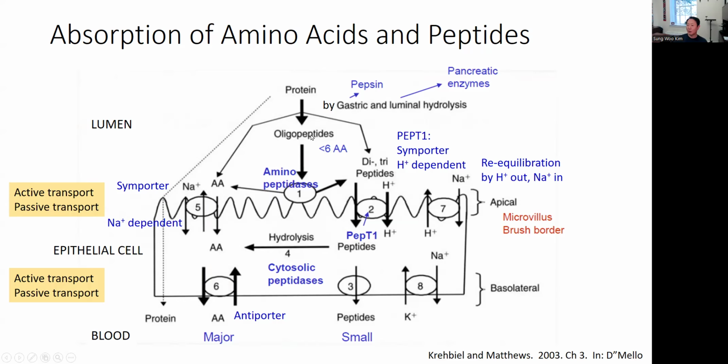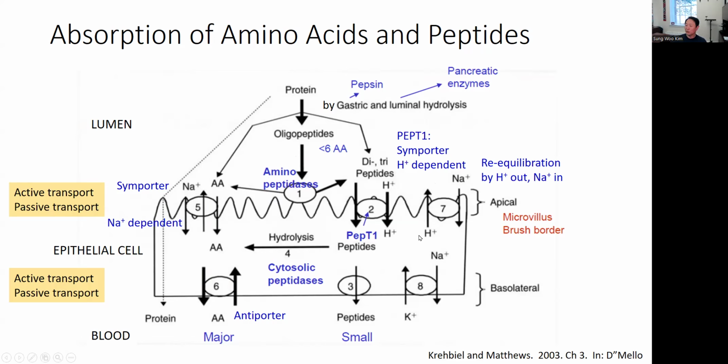In the case of oligopeptides, longer than tripeptides, they still need further digestion by the brush border enzymes called aminopeptidase. We briefly talked about this in the previous lecture, and this aminopeptidase will further break down oligopeptides into dipeptides, tripeptides, or single amino acids, and the end product will be absorbed.